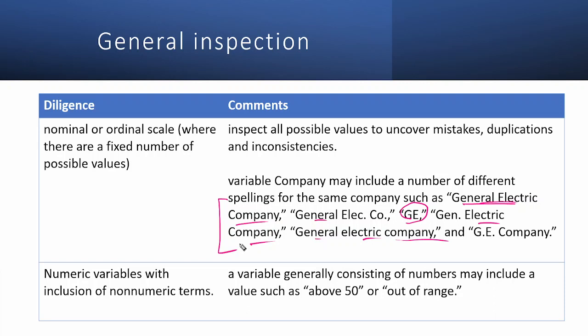So for all the columns which are categorical in nature, we have to make sure the values are standard as we expect. Sometimes the numeric variables may contain alphanumeric values, which is also not desirable. So we need to look for such patterns.